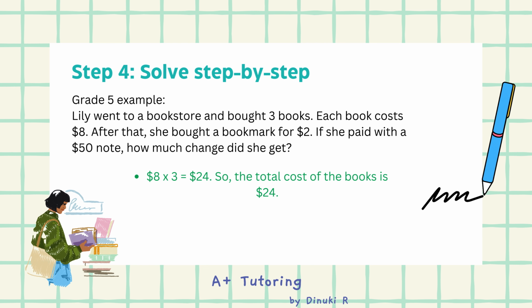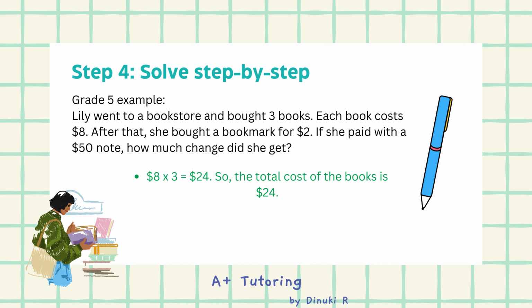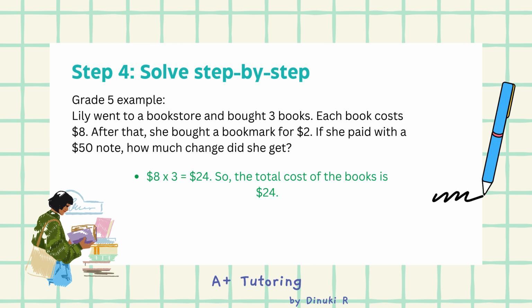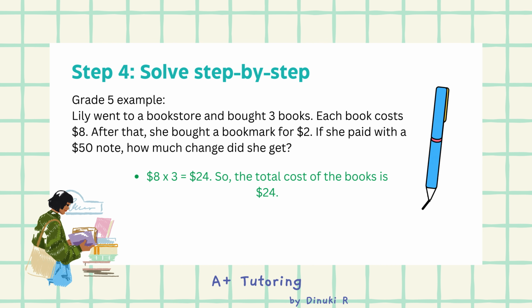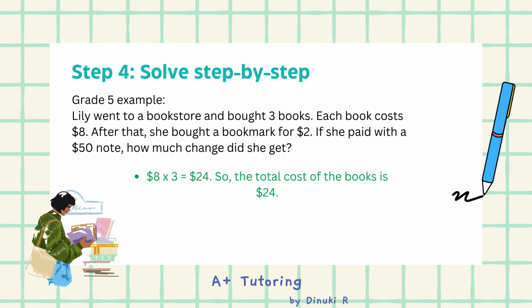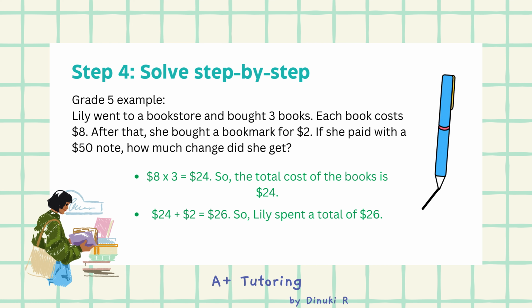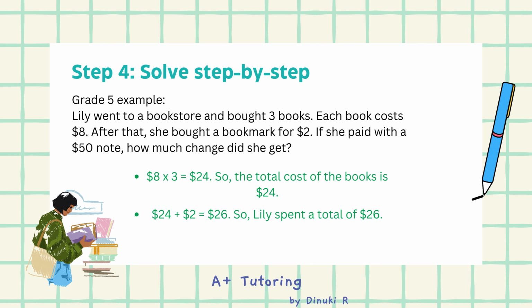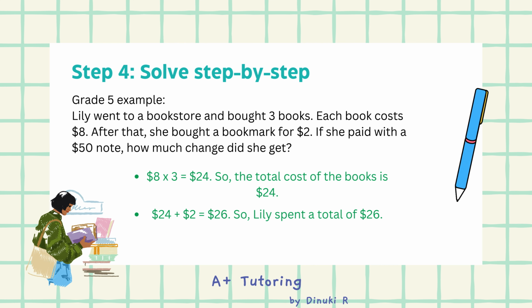Finally, let's solve the problem. First, multiply the cost of one book, which is $8, by the number of books, which is 3 books. So 3 times 8 gives us 24, so the total cost of the books is $24. Next, add the cost of the bookmark to the cost of the books. So 24 plus 2 gives us 26, so Lily spent a total of $26.